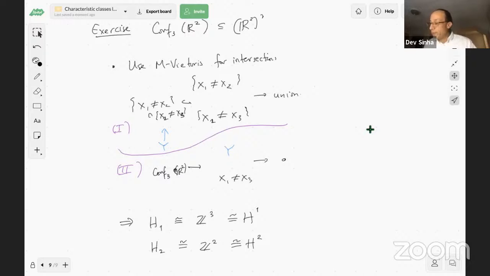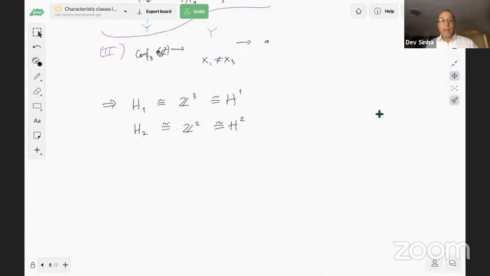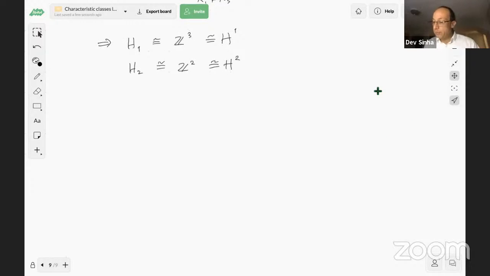So that's the additive story. Then you check that the alpha ij and Bij still generate H upper 1 and H lower 1.